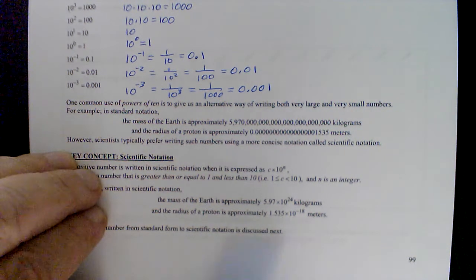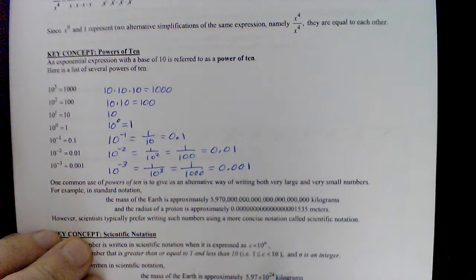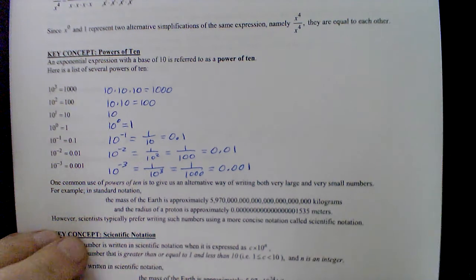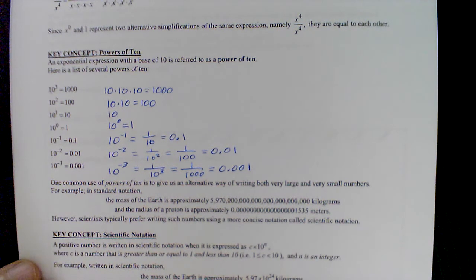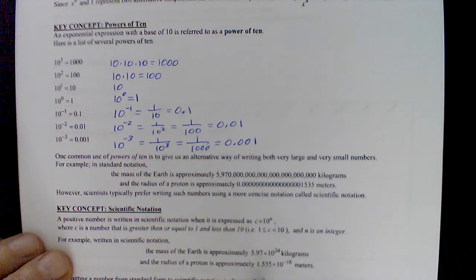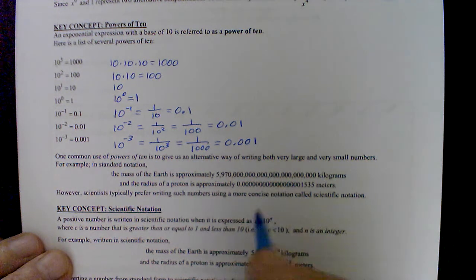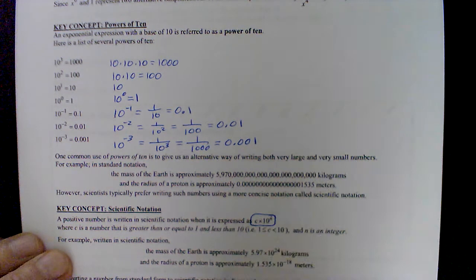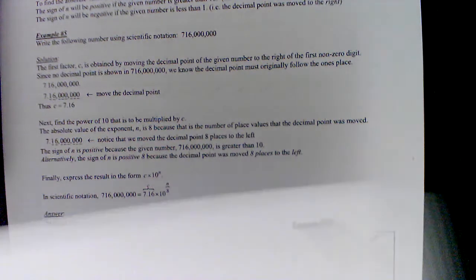We're going to convert these back and forth from scientific notation to standard notation, standard form. But scientific notation is always written in this fashion, where you have a number out in front of a power of 10. So as we wrote here in general, c times 10 to the nth power. So we can convert in both directions.